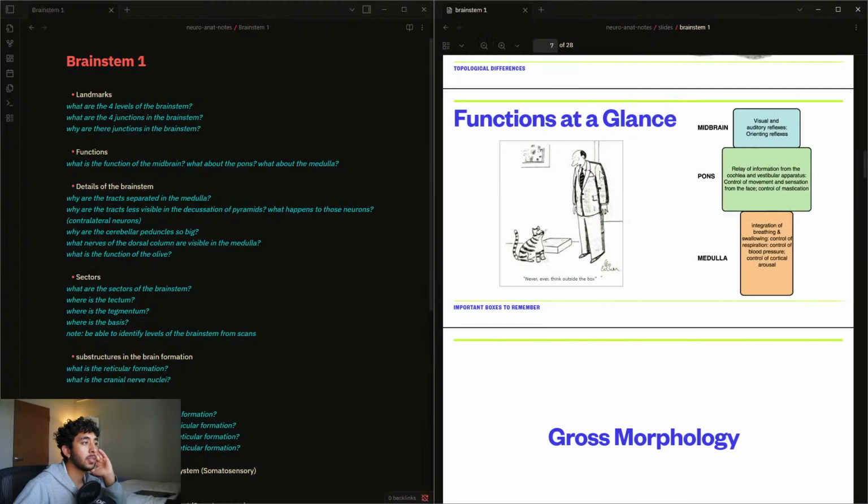Let us continue. What is the function of the midbrain? Okay, so this is what we need. So the midbrain is reflexes.